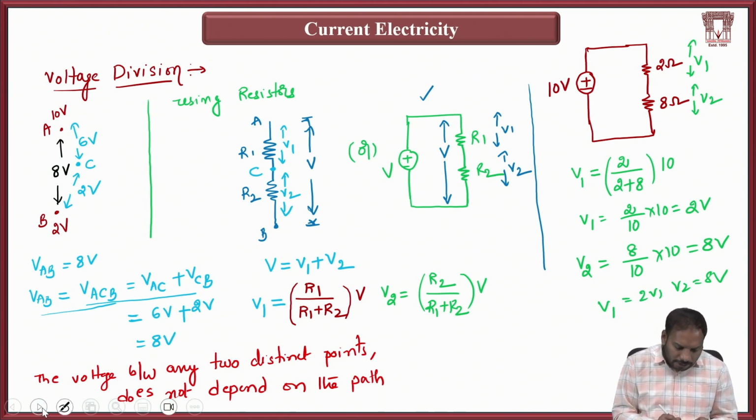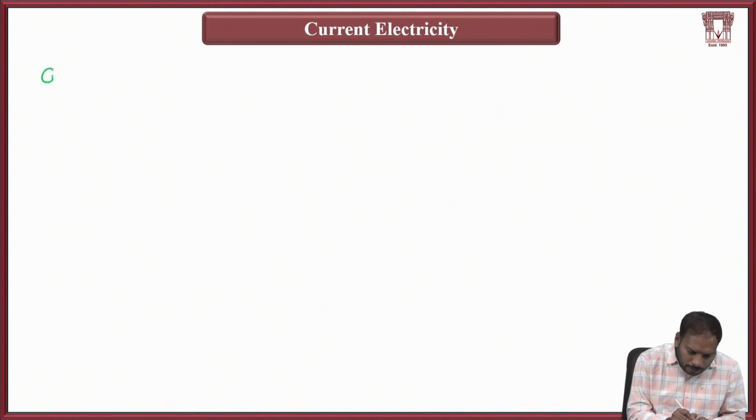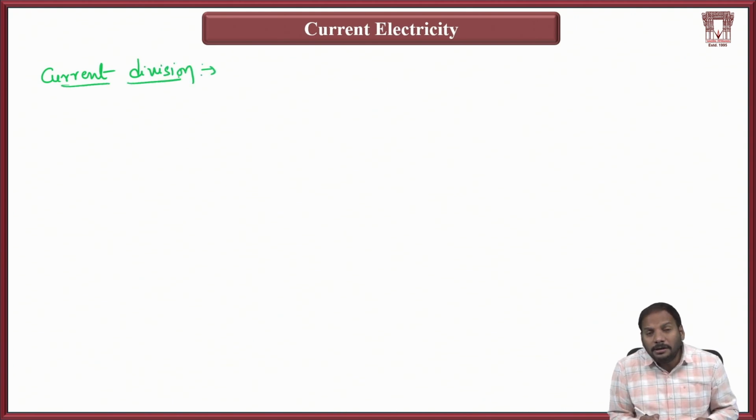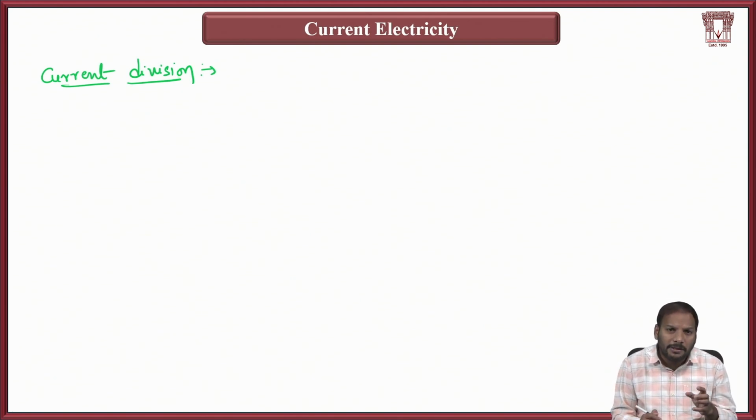Now I'll go ahead with the concept of current division. Voltage division happens when there is a series combination of two resistors.